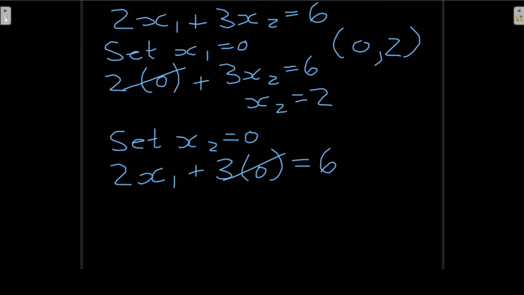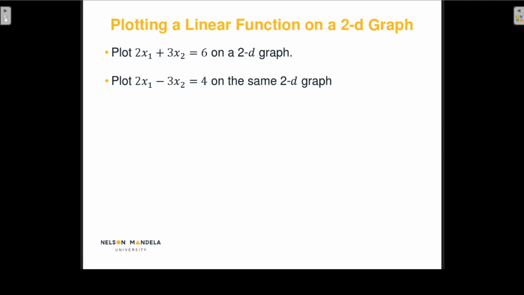This part will fall away, and I have 2x1 equal to 6. So I divide with a 2 throughout, and I have x1 equal to 3. So now I have that my x1 is 3 and my x2 is 0. And I have 2 points on my graph, and I can draw a line through these 2 points, and that will give you your graph.